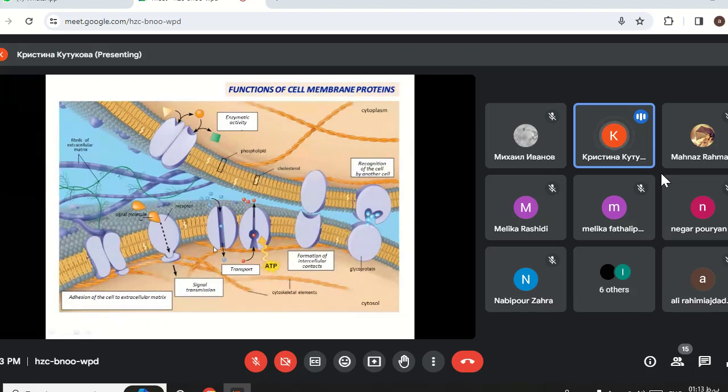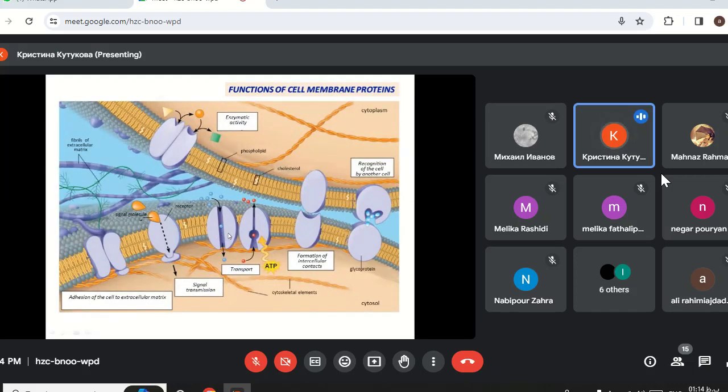The next function of membrane proteins is transport of molecules. In this case, this protein is a protein channel, an ion channel for some ions. These balls are some ions that can pass through this ion channel from outside into the cell if this ion channel is opened.